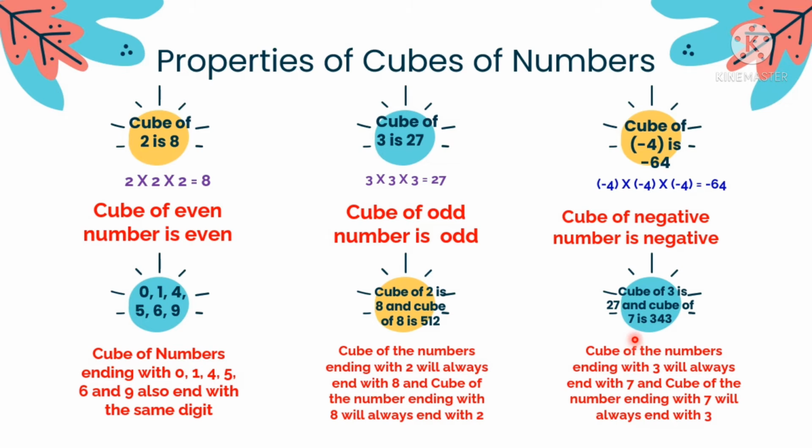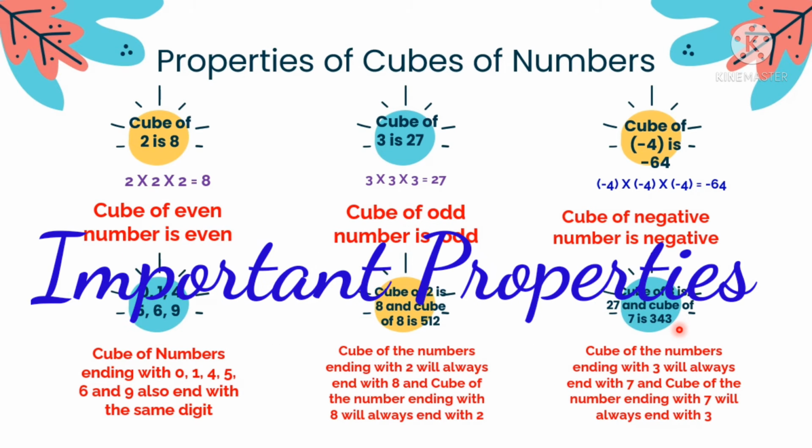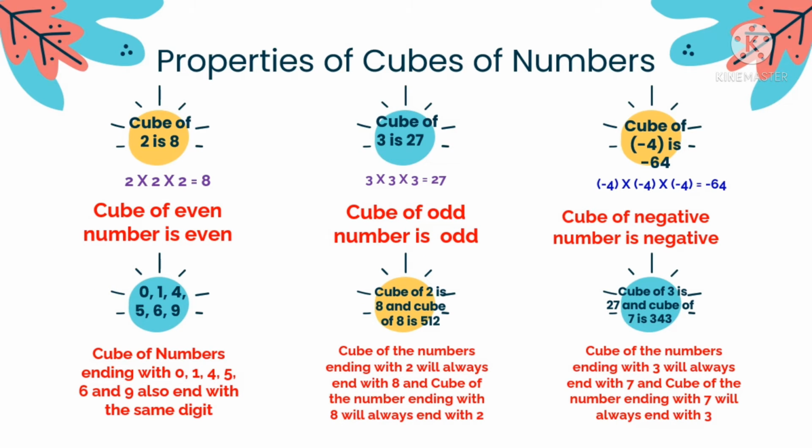And if we have any number with unit digit 7, its cube will always end with unit digit 3. I hope you understood all these properties of cubes of numbers. If you have any doubt, please write it to me. So now let's move forward.